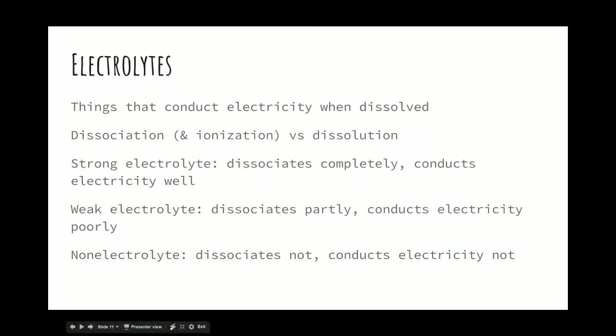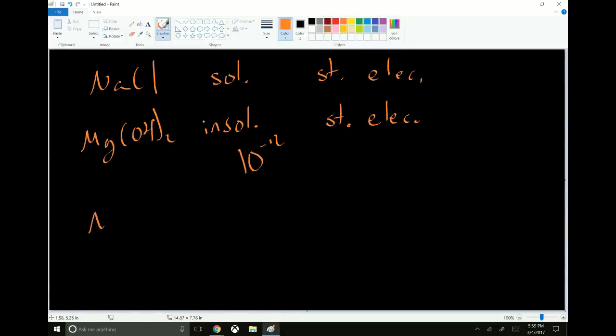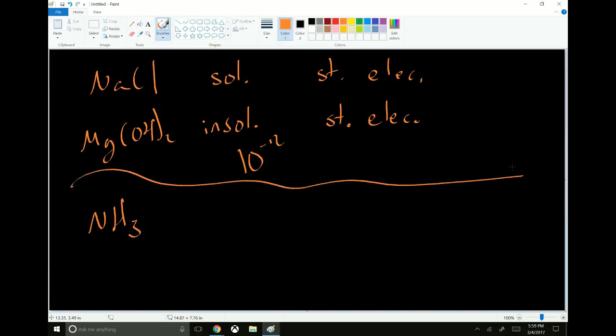Now we look at a weak electrolyte. A weak electrolyte is something that only dissociates a little bit, so it doesn't conduct electricity well. And by that, I mean something like ammonia. Ammonia is perfectly soluble in water, but when you dissolve it in water, it produces NH4 plus and OH minus, but not 100%.